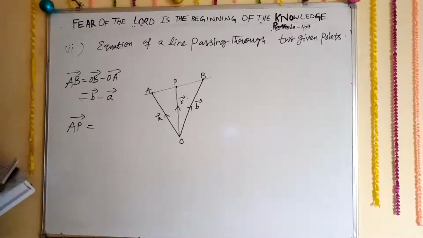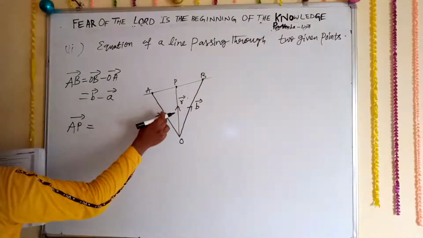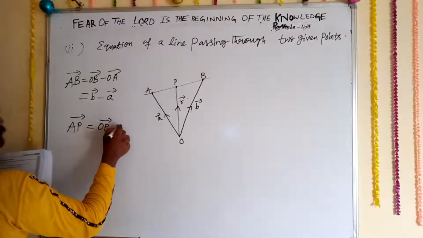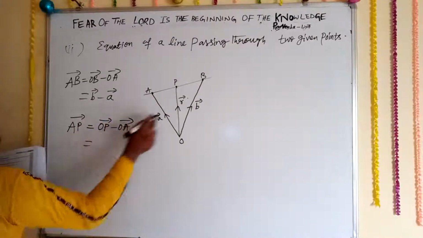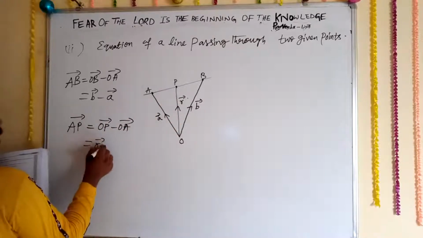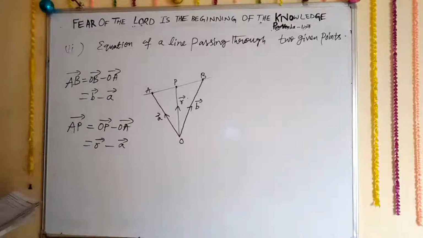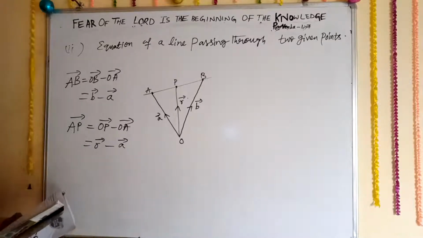AP vector is nothing but OP vector minus OA vector. OP is nothing but r vector, minus OA is nothing but a vector. In that way you get it. Then here, AP and AB are collinear vectors.